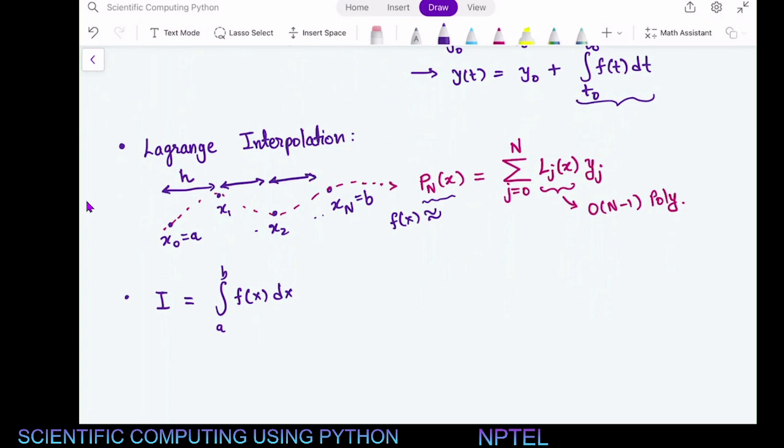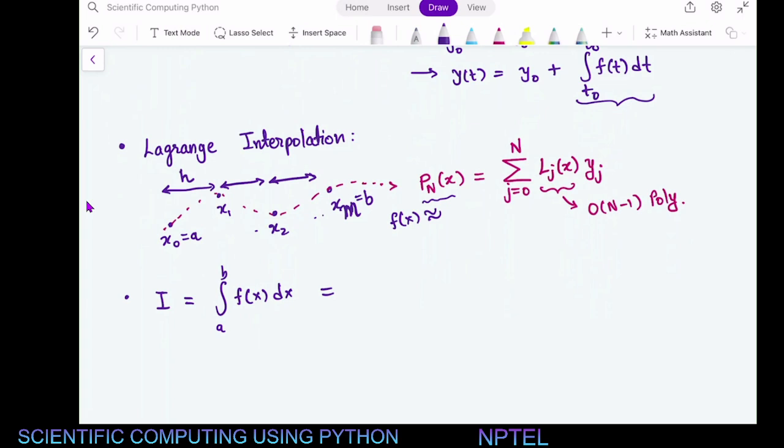In the notes it's m, so let me call it m. So we have m plus 1 points and m such intervals, and each of them has equal length.